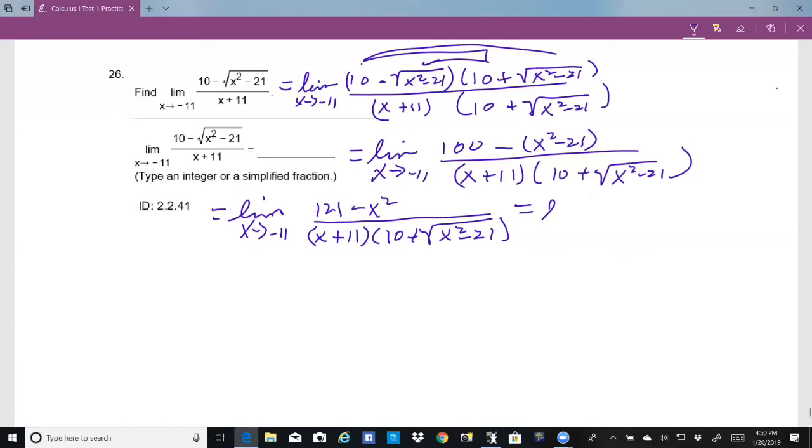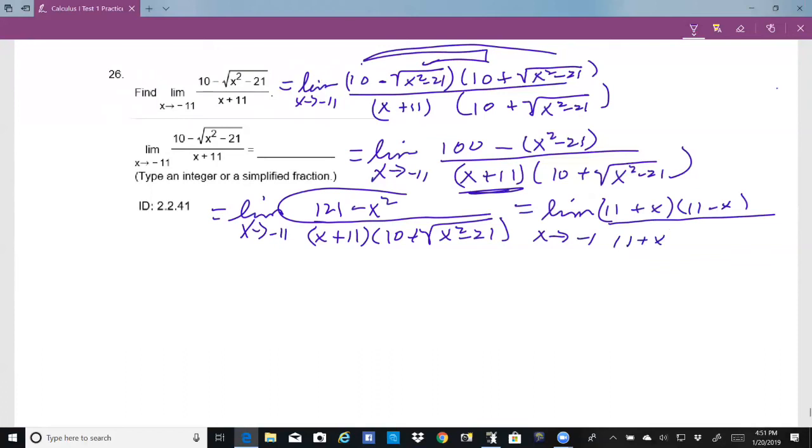And we're going to factor the numerator into 11 plus x times 11 minus x. And this is x plus 11 or 11 plus x. And 10 plus the square root of x squared minus 21. Notice 11 plus x cancels with 11 plus x.